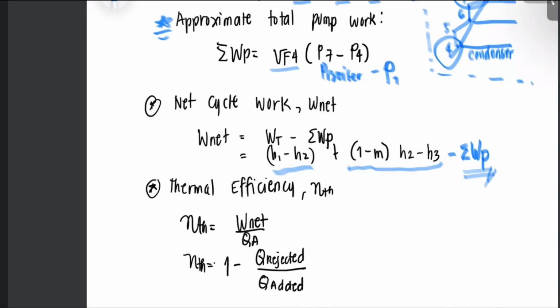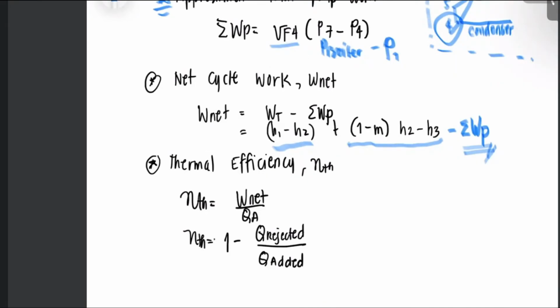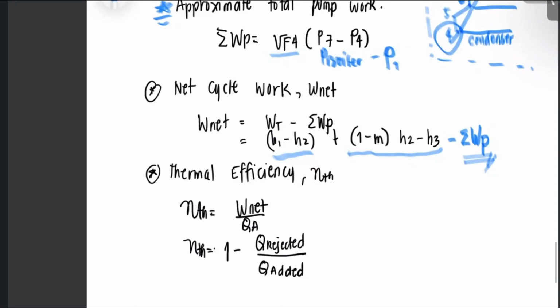Ayan. And finding for the thermal efficiency, we make use of the work net over the heat added. So, pwede naman to class na 1 minus the QR over the QA. Ayan.